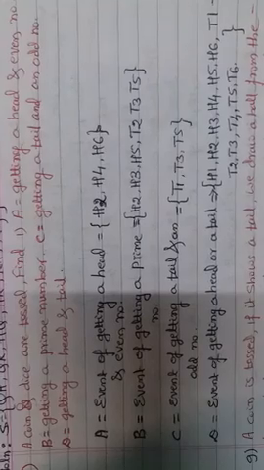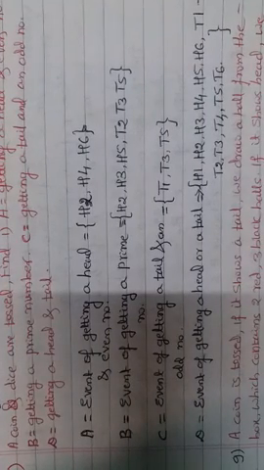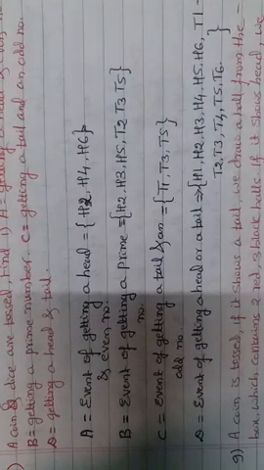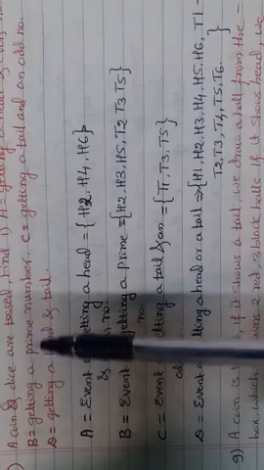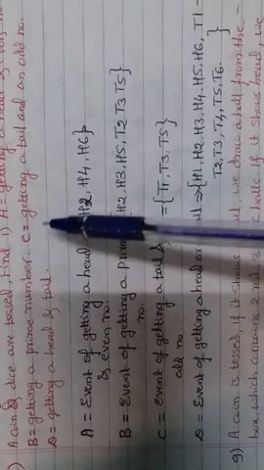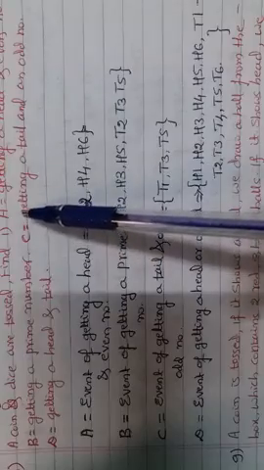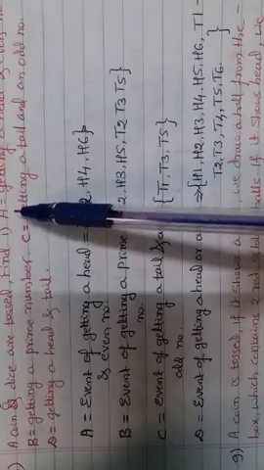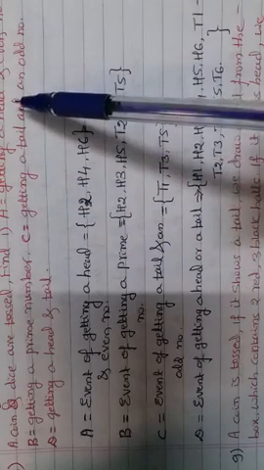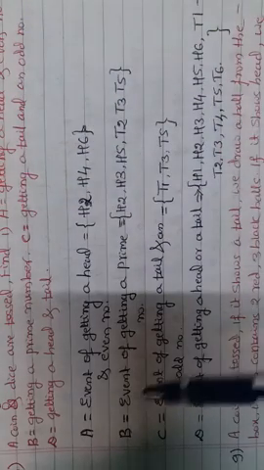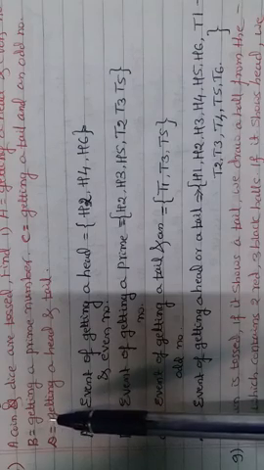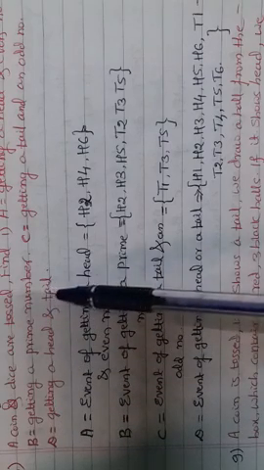We shall begin proceeding with the 8th question. A coin and dice are tossed. Find. Here 3 sub questions are there. First one, capital A denotes getting a head and even number. Capital B denotes getting a prime number.